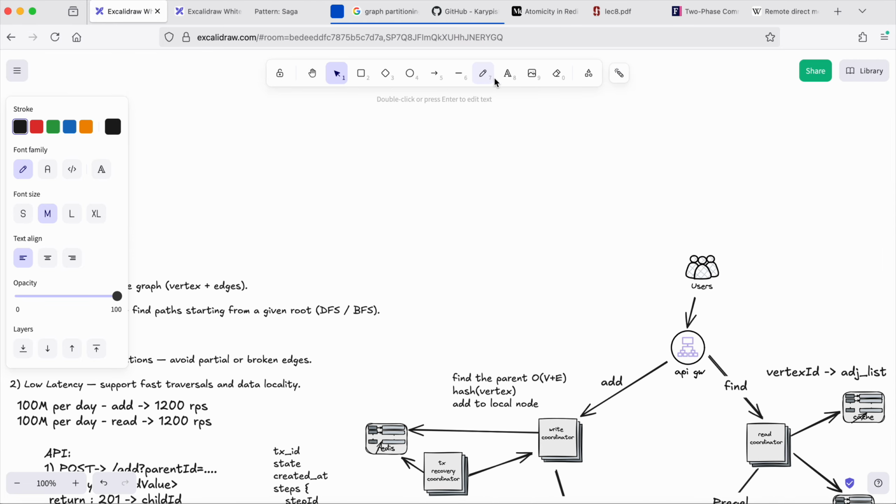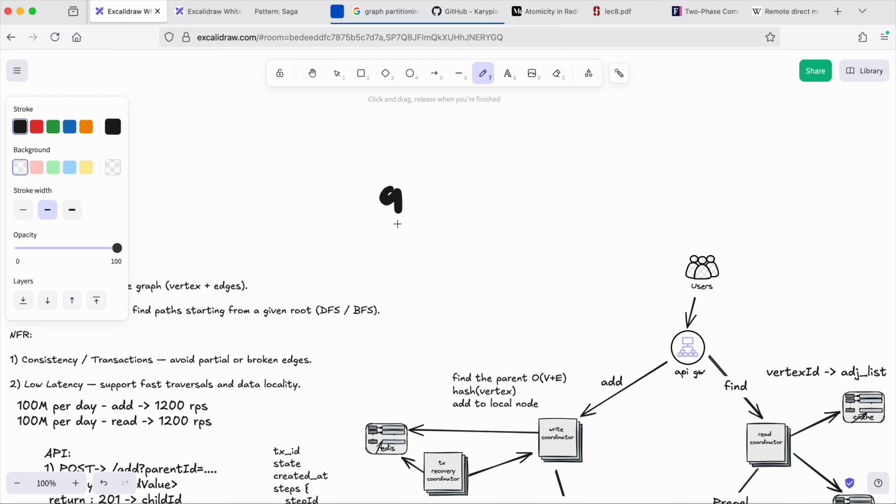But that's still the quick idea. And how do we deal with that faster? Is it possible to do something in addition?